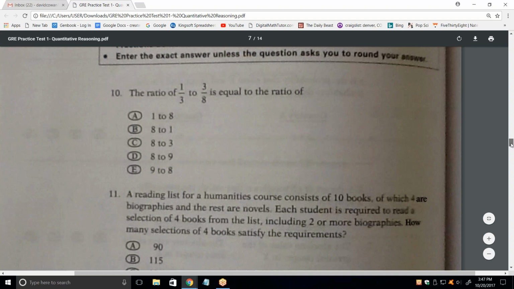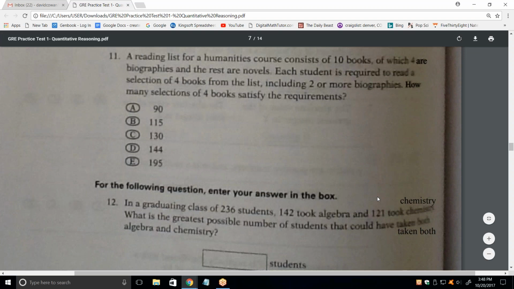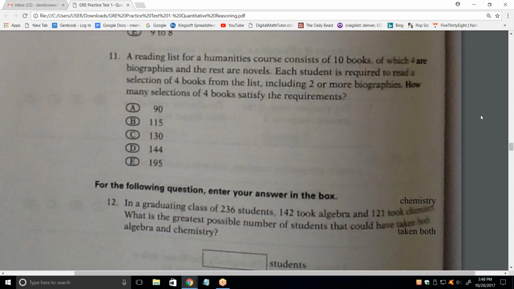Now, number 11. I spent a half an hour on this problem earlier today. These are going to be the most difficult problems on the GRE.